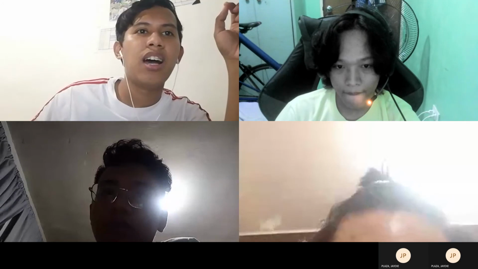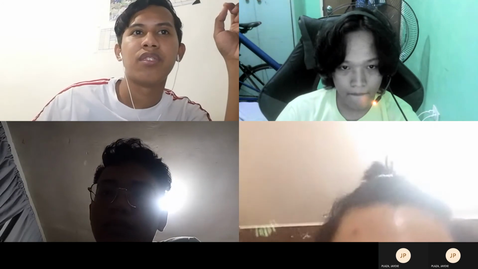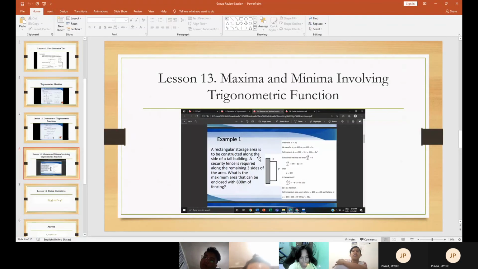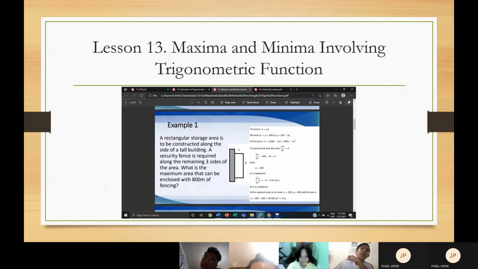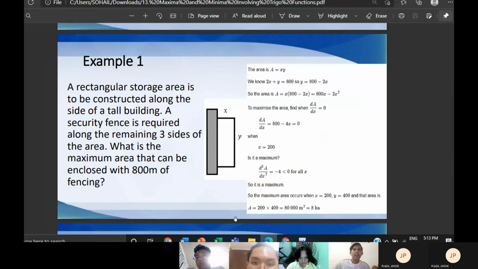So dito sa maxima and minima involving trigonometric function, ang pinaka inaano ni Miss sa atin, matutunan natin kung paano i-draw yung nasa question. So ang given, a rectangular storage is to be constructed along the side of a tall building.